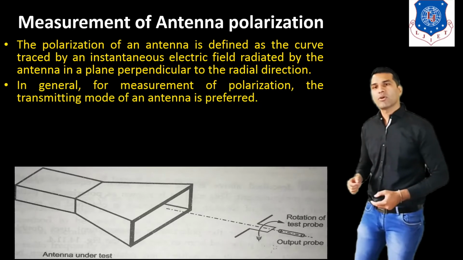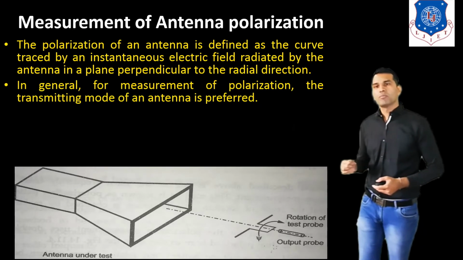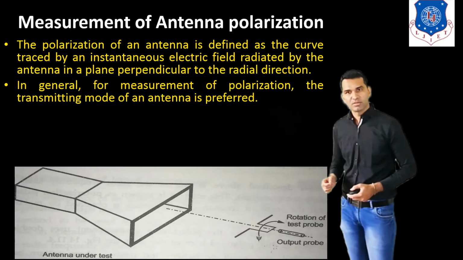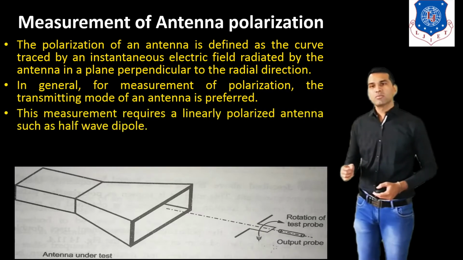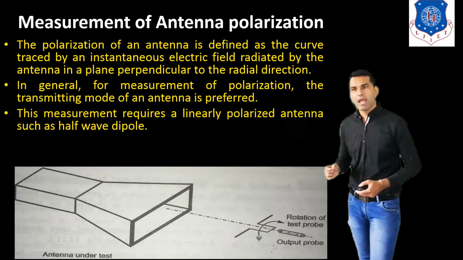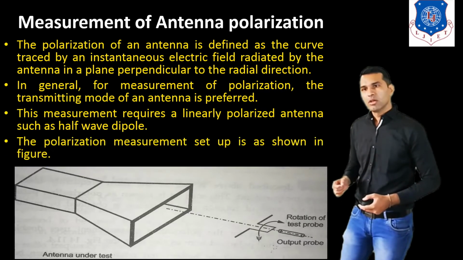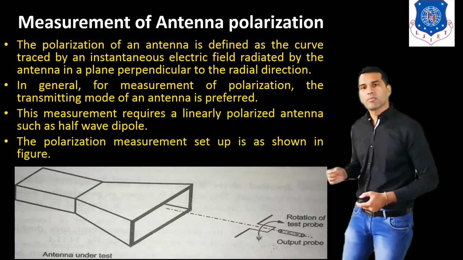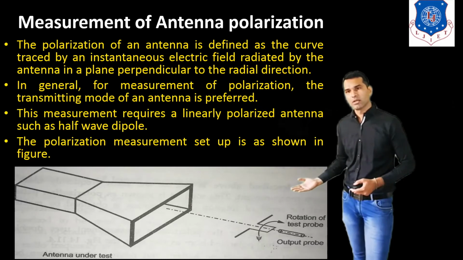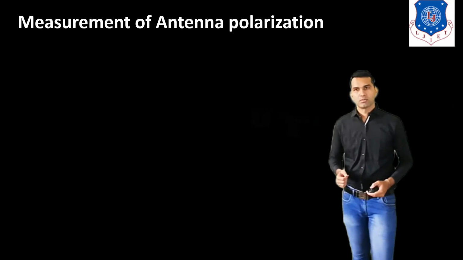In general, for measurement of the polarization, the transmitting mode of the antenna is preferred. This measurement requires a linearly polarized antenna such as a half-wave dipole. The polarization measurement setup is as shown in this figure. So this is the setup for the measurement of the polarization.